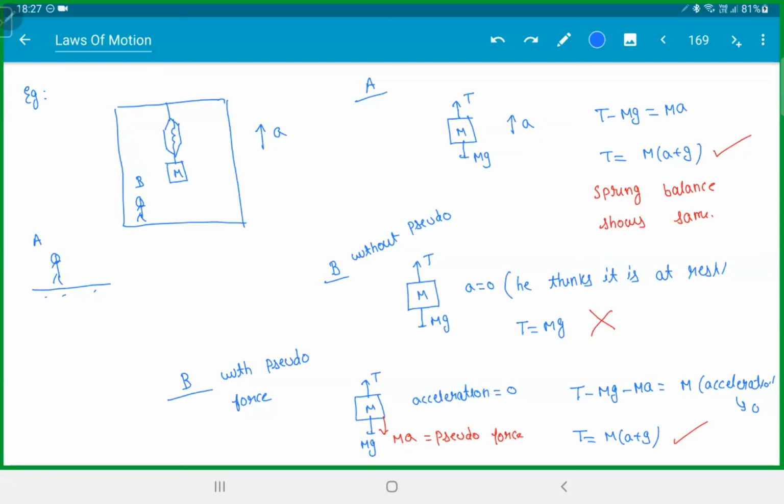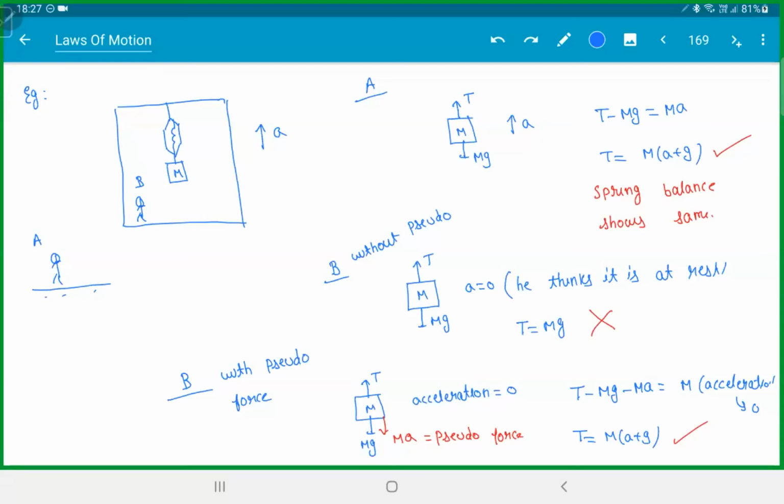Now if I ask you, find the acceleration of the blocks with respect to the lift and the tension in the string. I'll show you this.